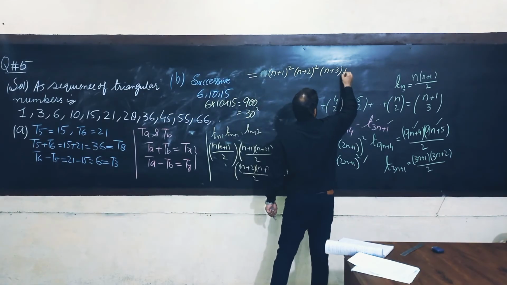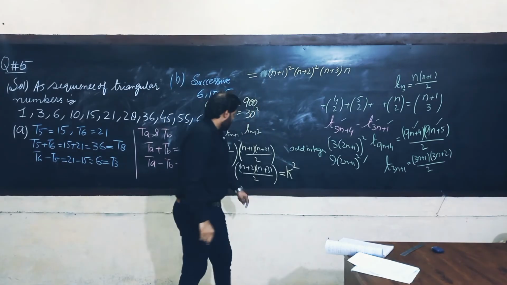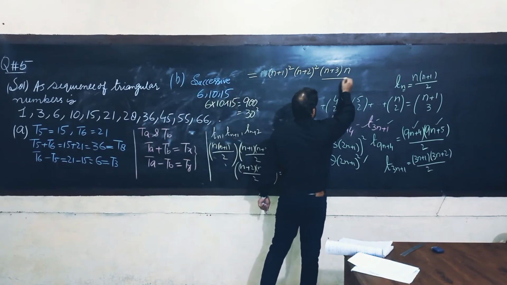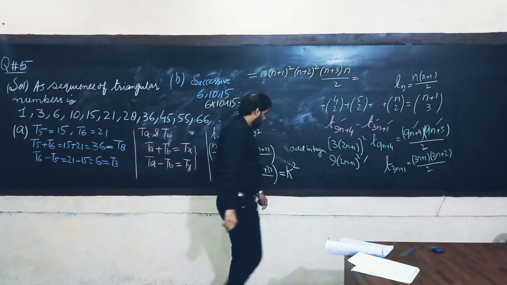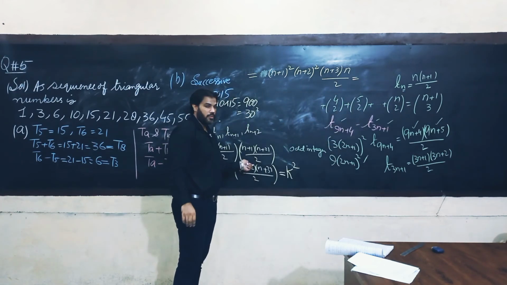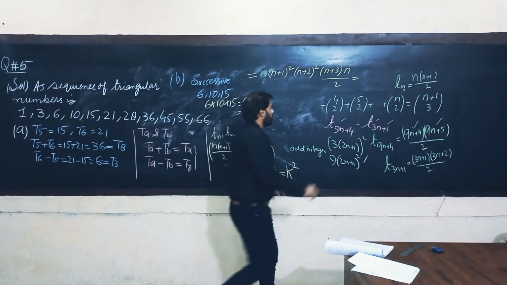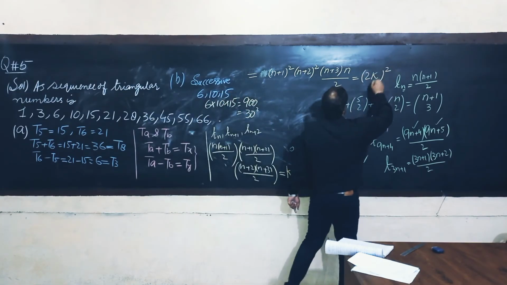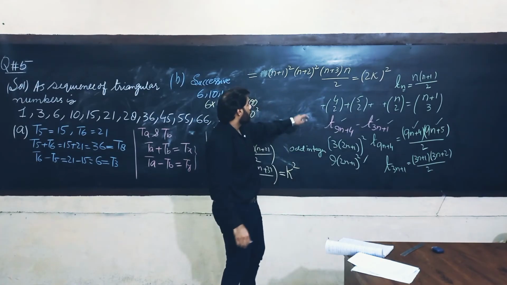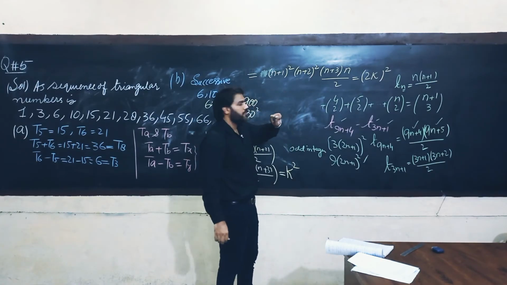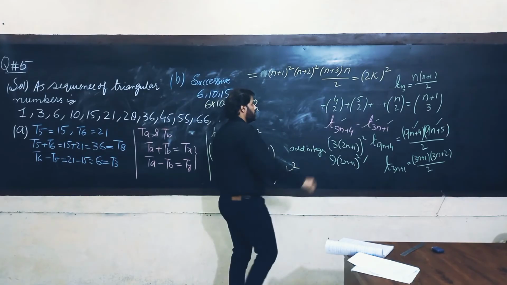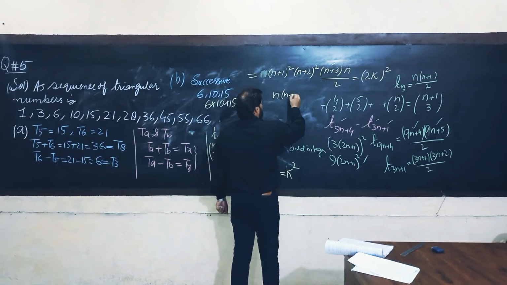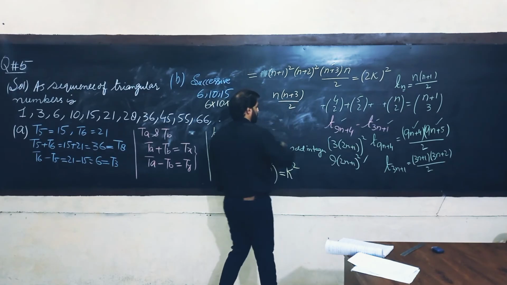We write this, and this is 2 to the 4. Combine that 4 with k squared, we have (2k) whole squared. Now, this side will be a perfect square if this number is a perfect square: n(n+3)/2 is a perfect square.